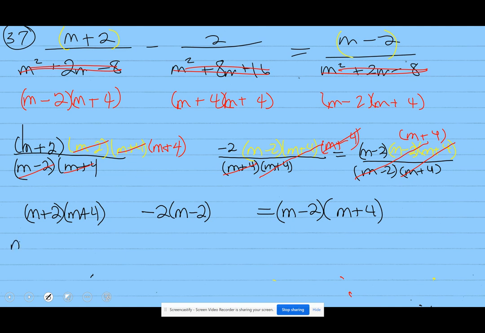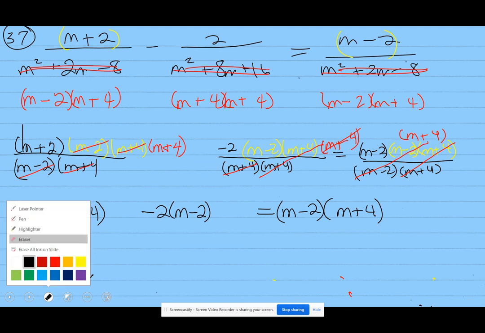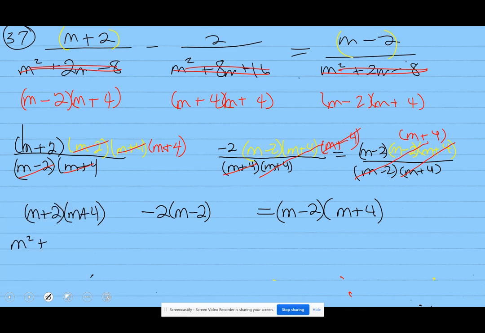So let's do that. It's going to give me m squared plus 4m. Remember how to FOIL? Sure you do. It's just math, y'all. m squared plus 4m plus 2m plus 8. Distribute the minus 2, m plus 4, equal m squared plus 4m minus 2m minus 8.